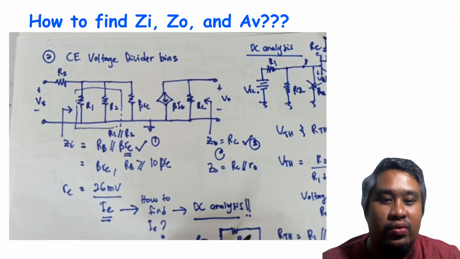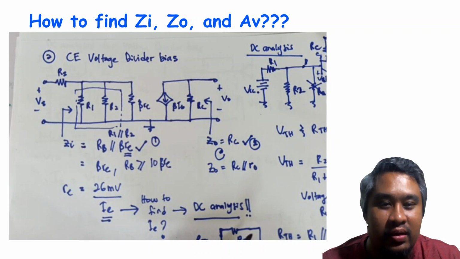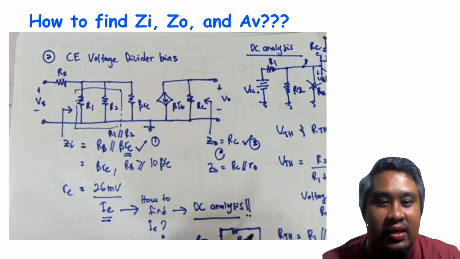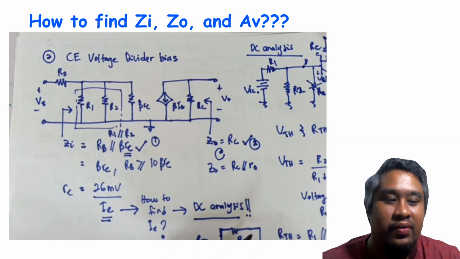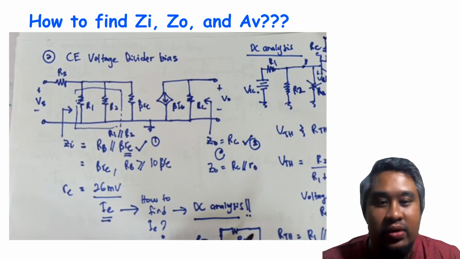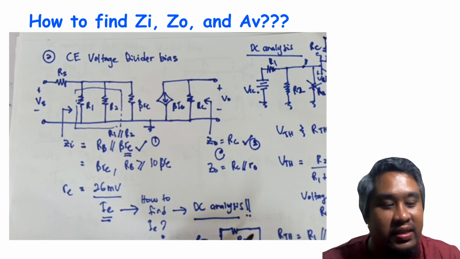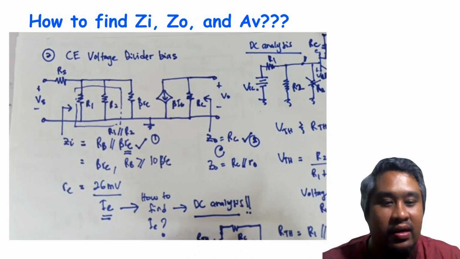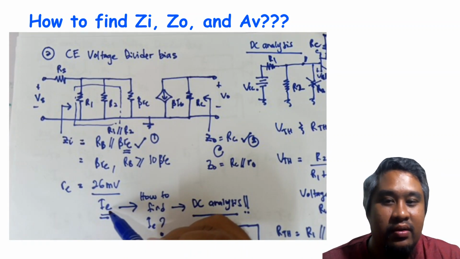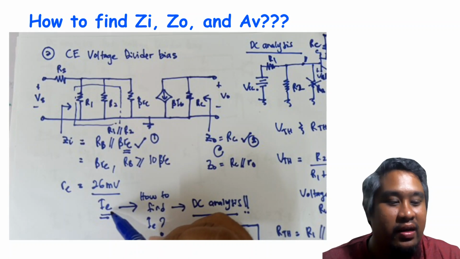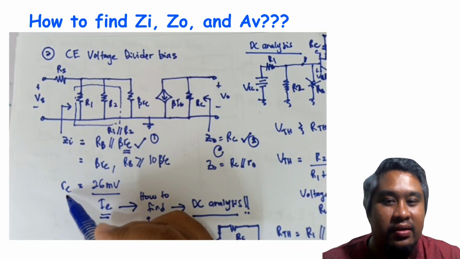Then we draw the re model, depending on our circuit, either fixed bias or voltage divider bias. After we complete the re model, we use DC analysis to find IE, and then we can find RE.